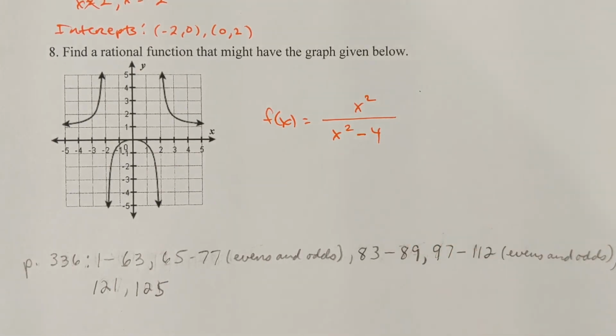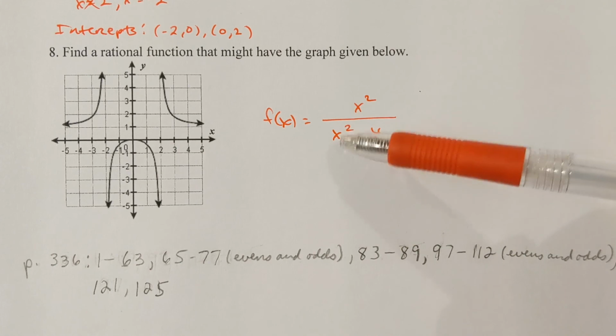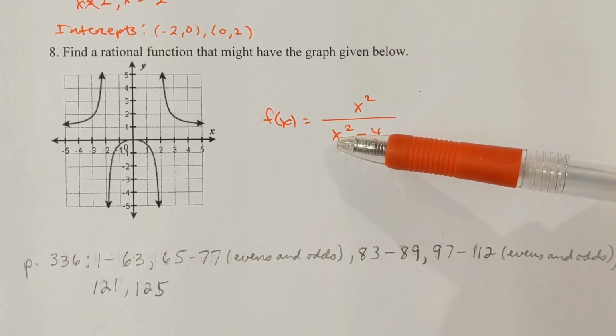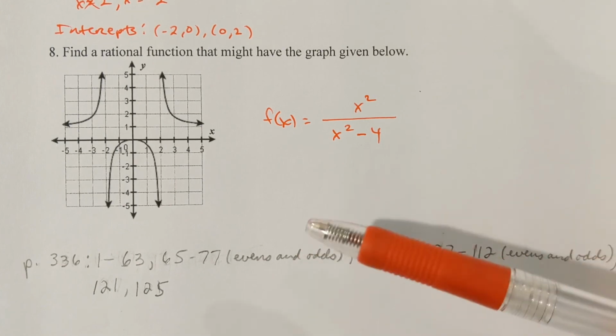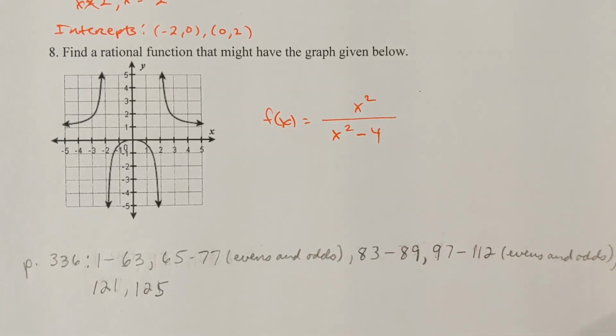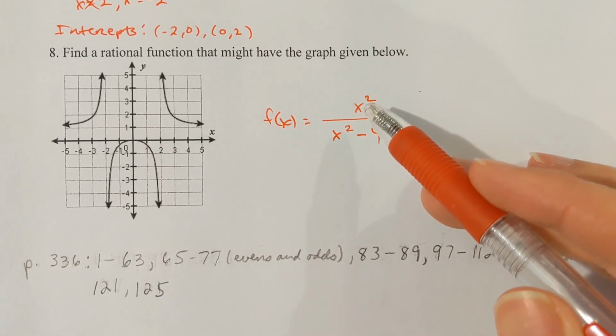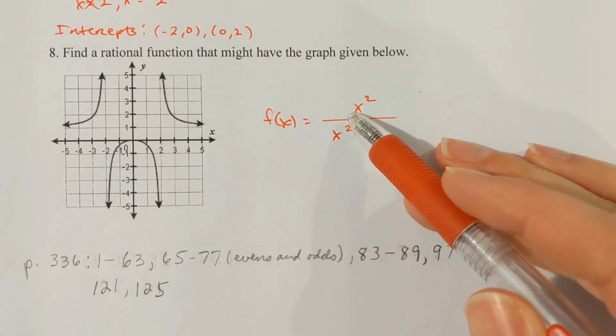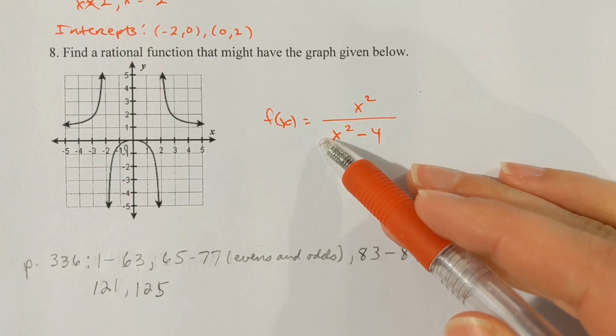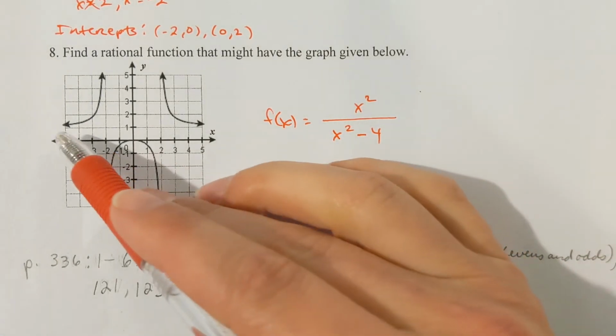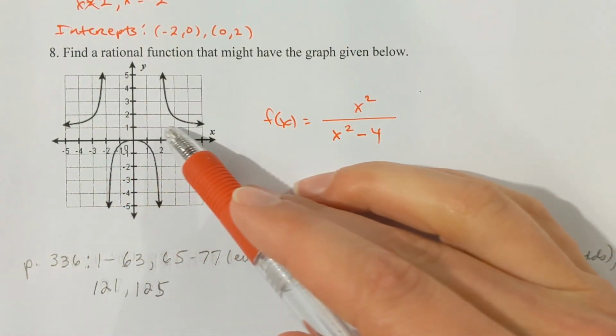Also, whenever the degree of the top is the same as the degree of the bottom, you're going to have a horizontal asymptote, but it's not going to be at y equals 0. It's going to be at y equals some other number. And the shortcut to that is just to compare the leading coefficients in front of the terms. If you have a 1 in front of x squared up top and a 1 in front of x squared down under, y equals 1 would be the equation of the horizontal asymptote.